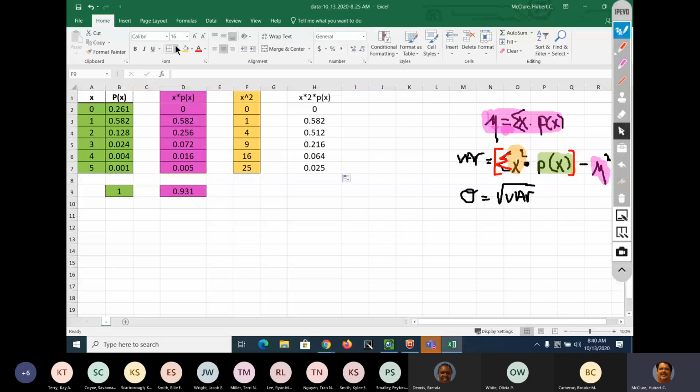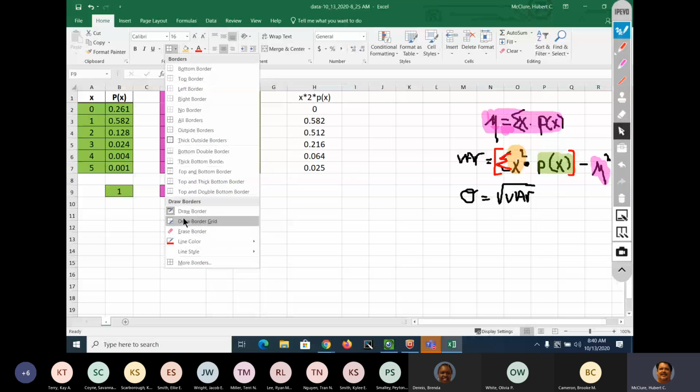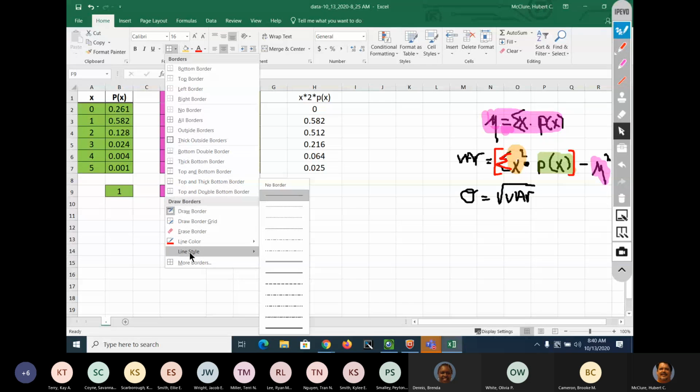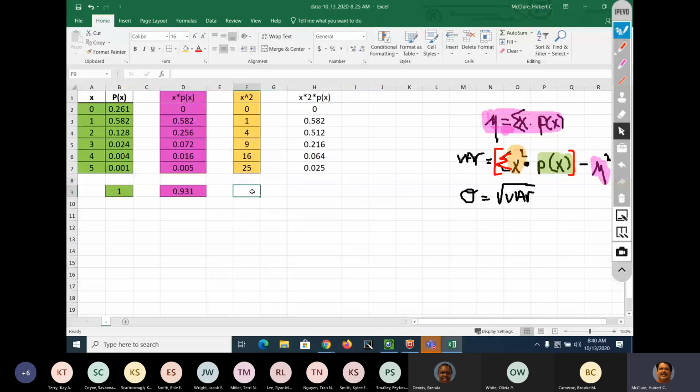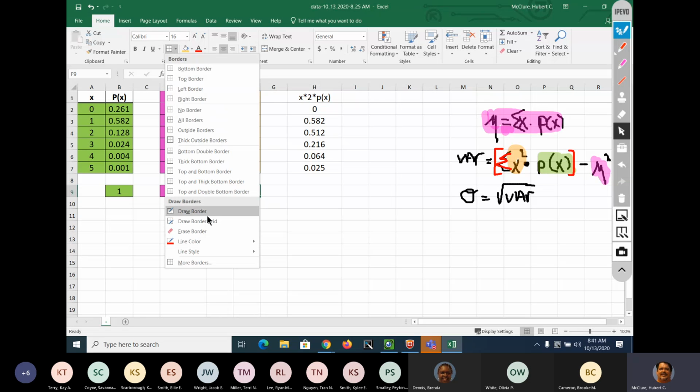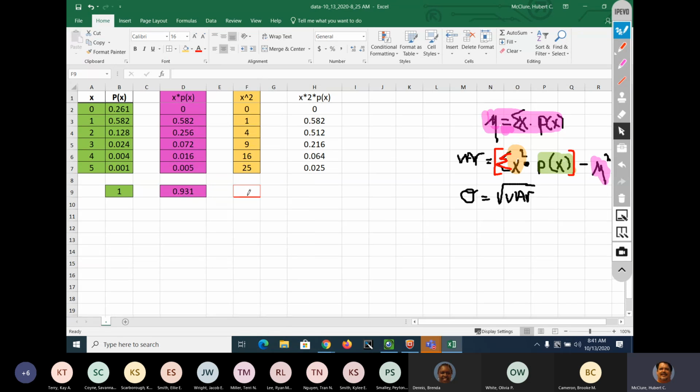All right, so we're going to do a summation right here, and that summation is going to equal all of those numbers. Oops, it's supposed to be this one. I apologize. I messed up.